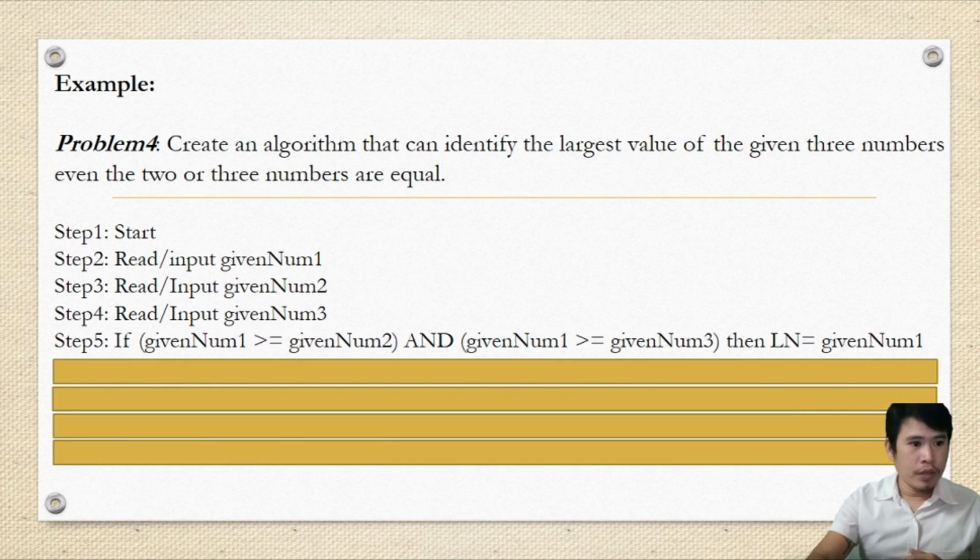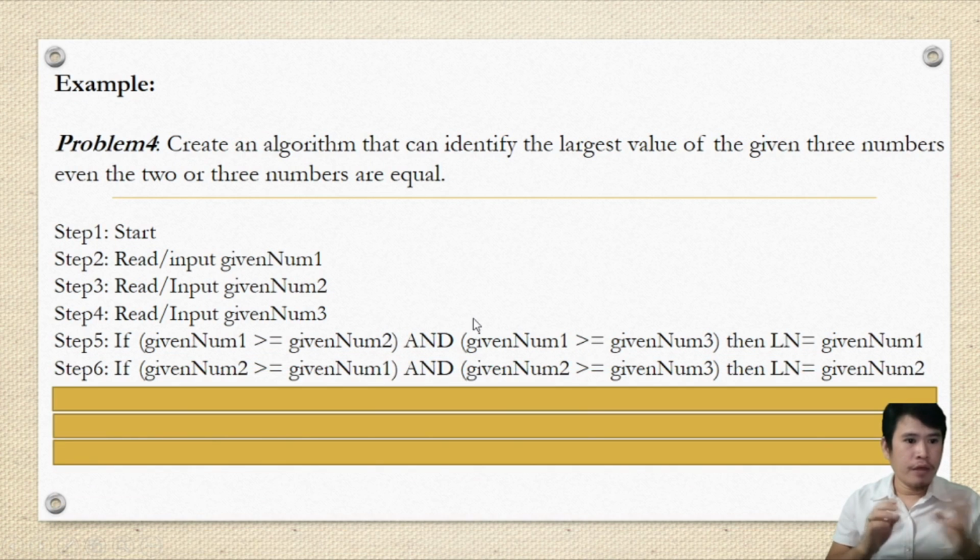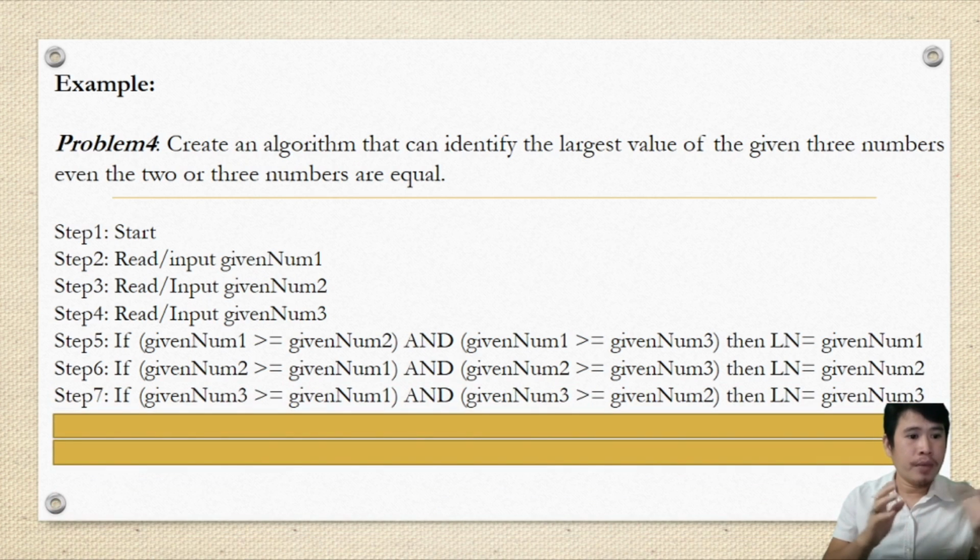Okay? So in step 6, if given num2 is greater than or equal to given num1, and given num2 is greater than or equal to given num3, then ln is equal to given num2. Next, if given num3 is greater than or equal to given num1 and given num3 is greater than or equal to given num2, then largest number is equal to given num3.